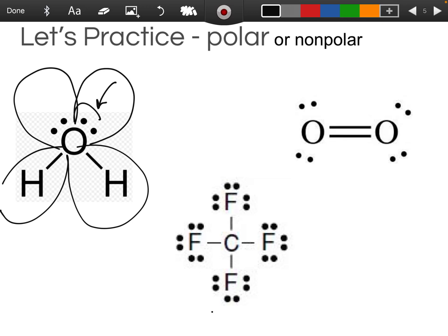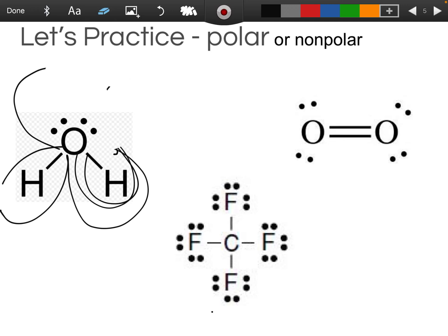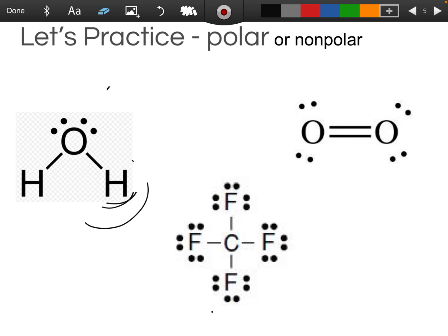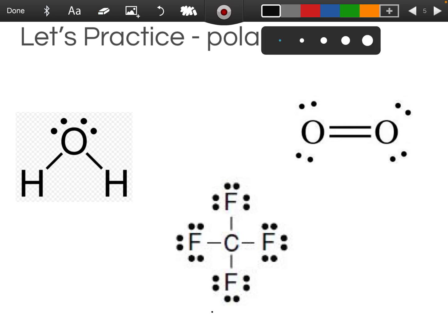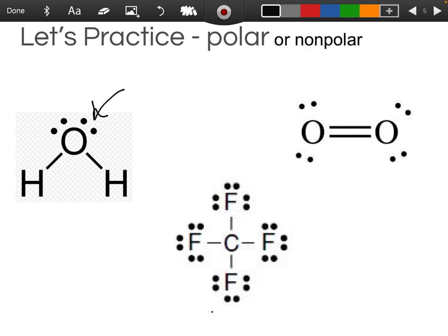Because this side of the molecule is different than the other side, the molecule is being pulled differently. These electrons are going to pull differently than these electrons. Because there is a difference in pull, that molecule is going to be polar.